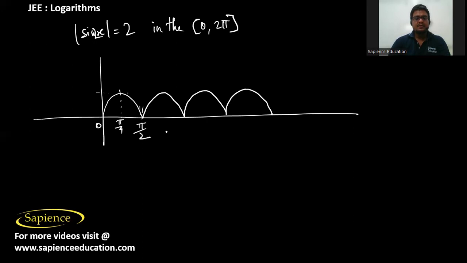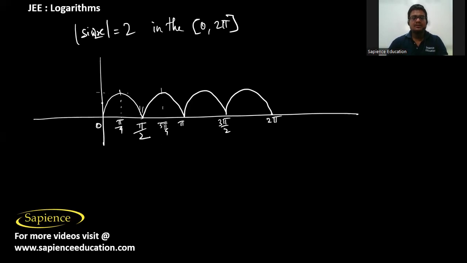So this will be pi by 2, and this will be 3 pi by 4. So the gap is pi by 4 here, and this will be pi, this will be 3 pi by 2. So here the gap has been reduced to half. This is 3 pi by 2, and this is 2 pi.